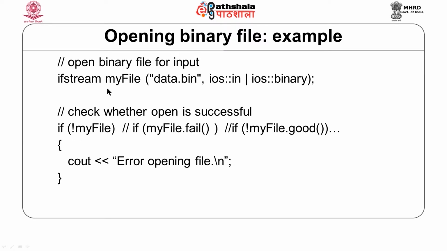Here I have used if not myfile, because any operation when it is successful returns true in the file stream, otherwise it returns false. We can also check the fail bit using the fail function, or good bit using the good function which is associated with the file stream. So, here we are just checking whether it is opened successfully or not.